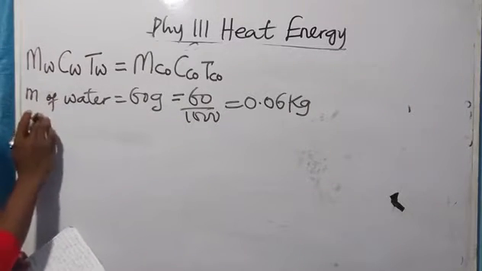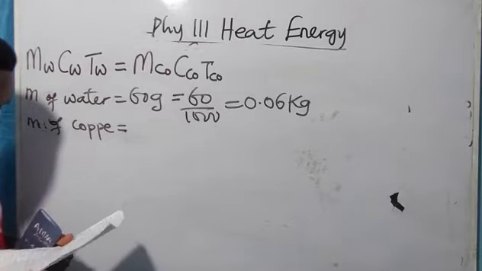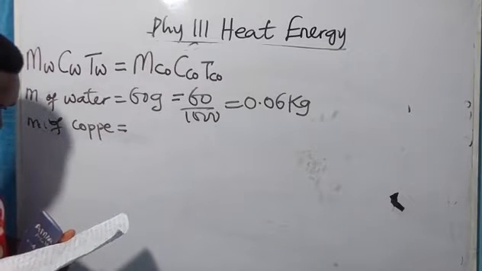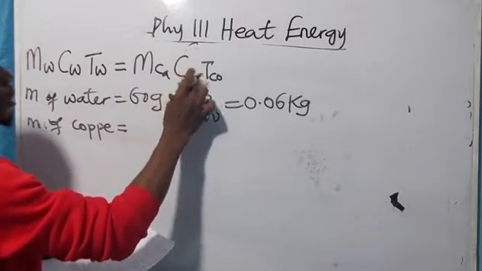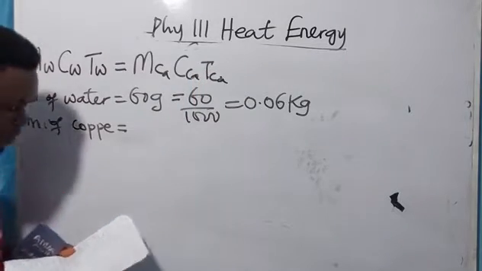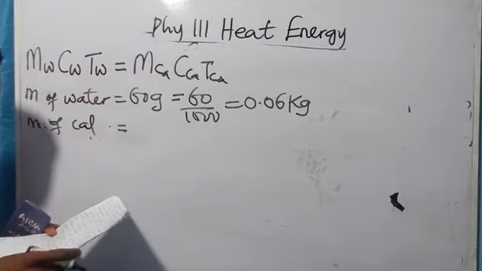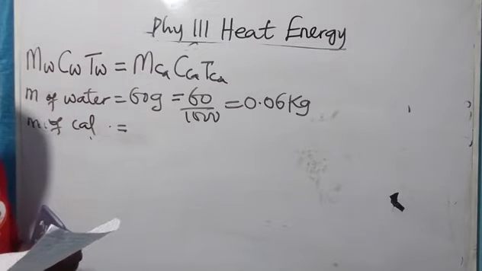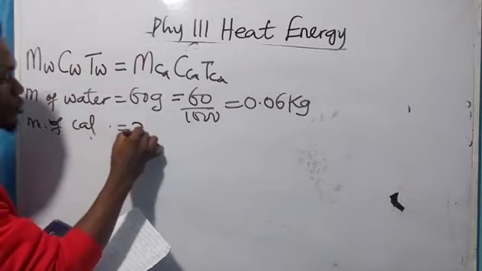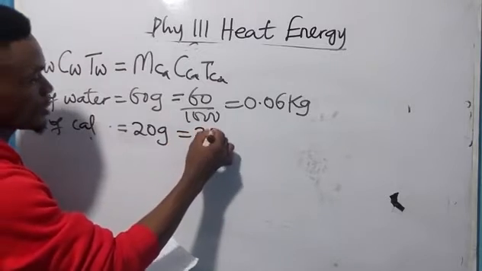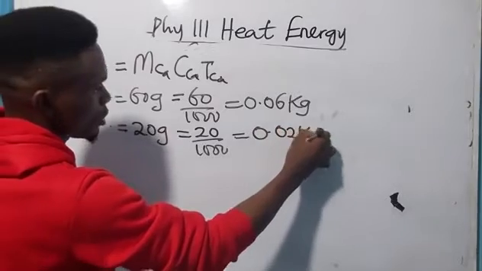Then the mass of the calorimeter, not copper, let's be specific, was given as 20 gram. 20 divided by 1000 gives me 0.02 kilogram.